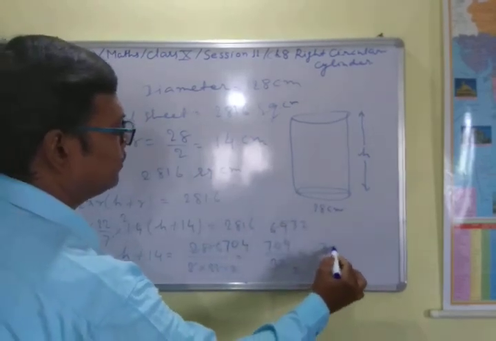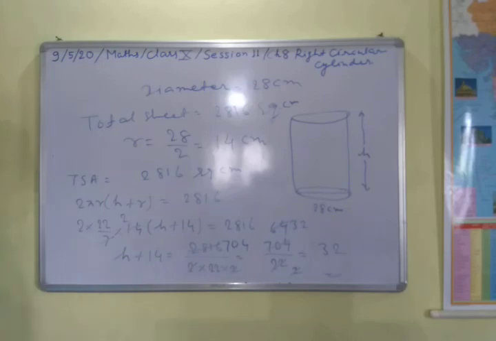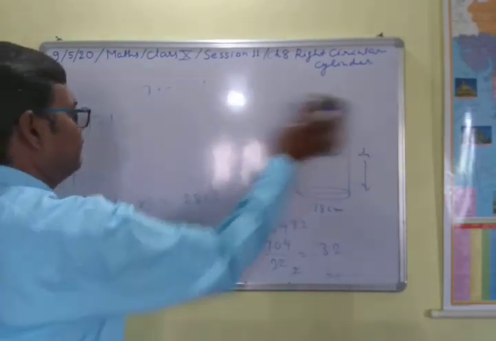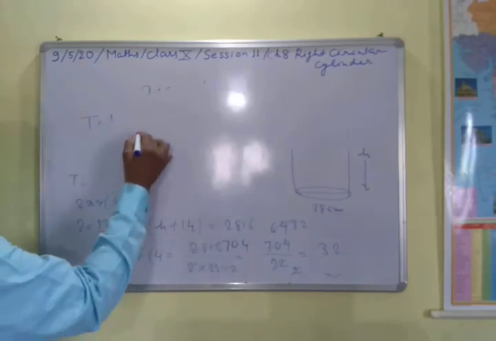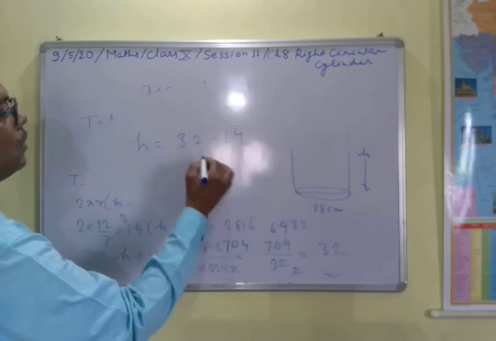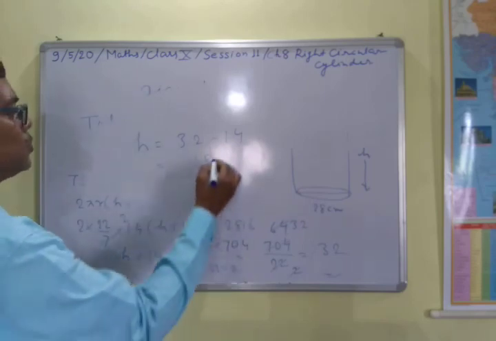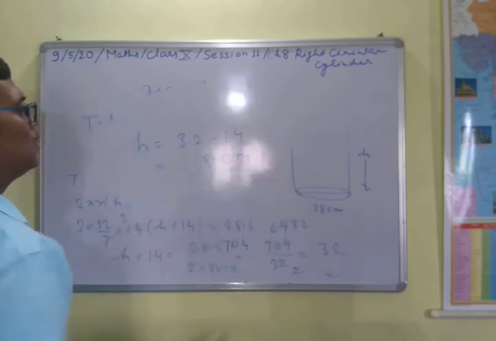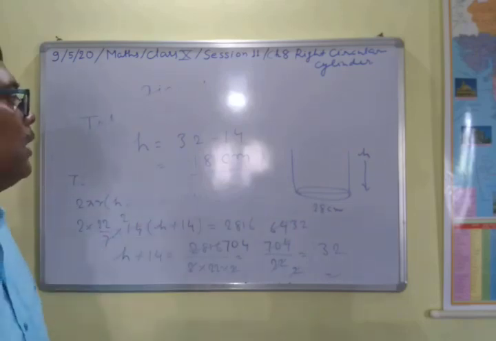So it is 32 here. That is H plus 14 equal to 32. Then here we will get H equal to 32 minus 14, that is 18. So the height of the cylindrical drum is 18 centimeter.